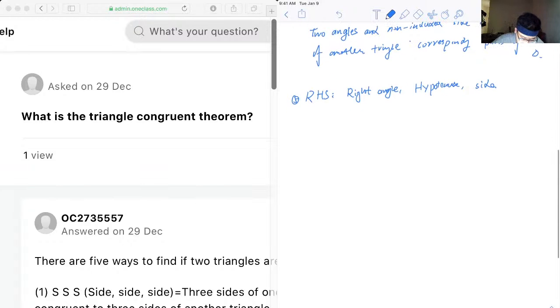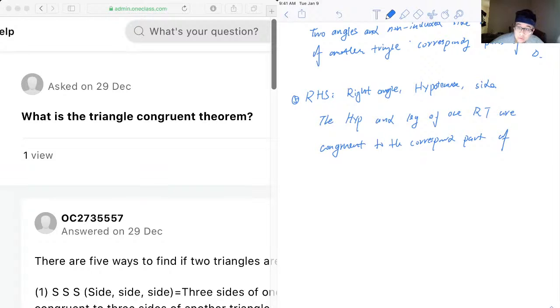So this just means the hypotenuse and leg of one right triangle are congruent to the corresponding parts of another right triangle. Okay. Yep. So those are all we have for this question.